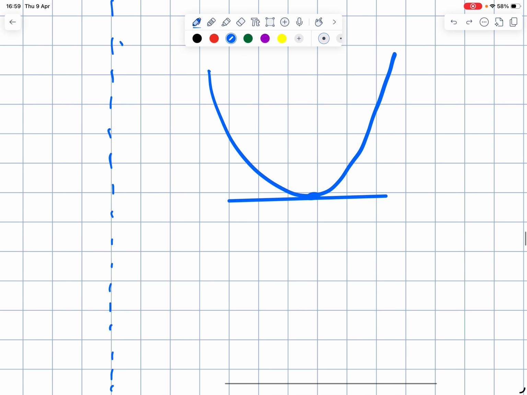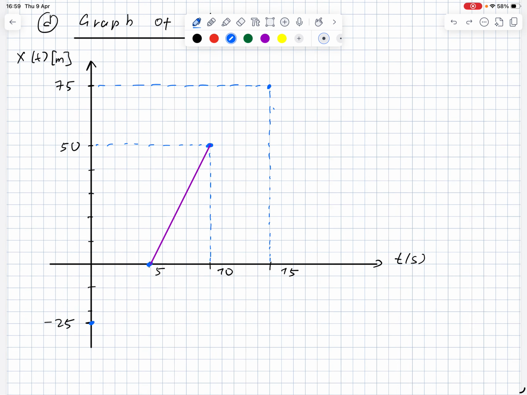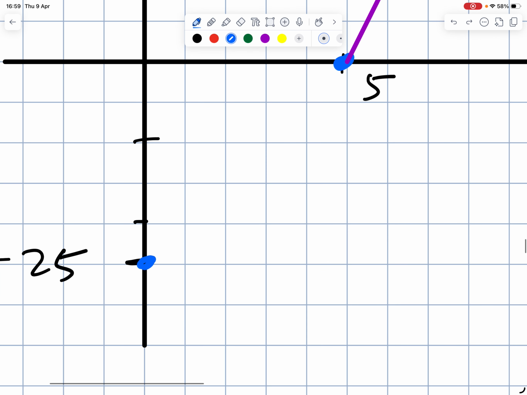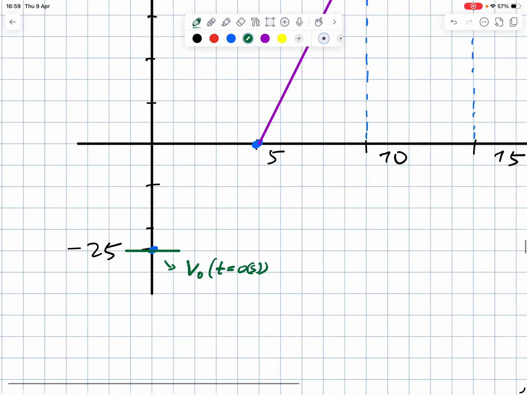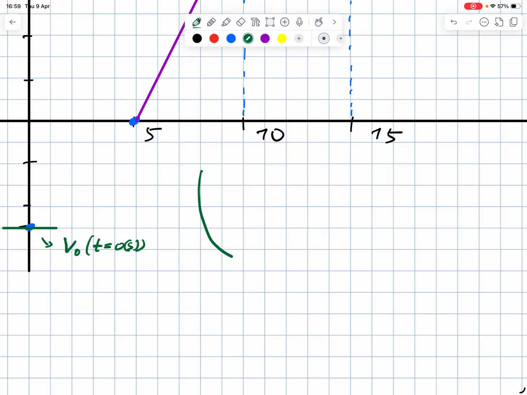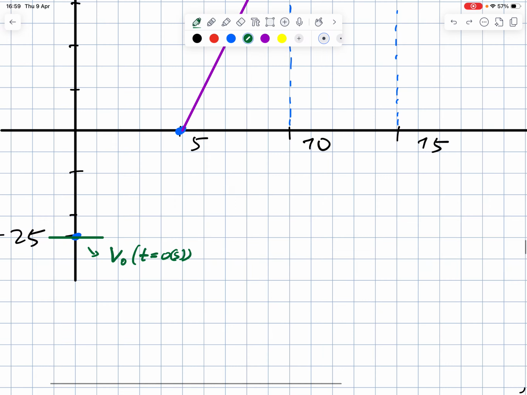So, therefore, we know that the velocity here, the instantaneous velocity at this point, is actually 0. Okay, v0 when t equals 0 seconds is 0. And also we said that the parabola is happy, something like this. So I guess that the graph will look something like this. Oops, sorry.